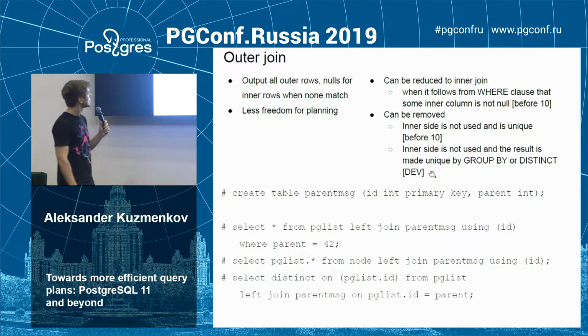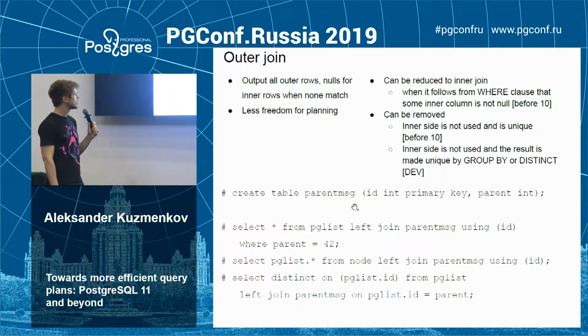Okay, so the first example: we decided to join our messages in threads. In order to do so, we just put the table aside with the same key and with the parent message. Then we would like to denormalize it.